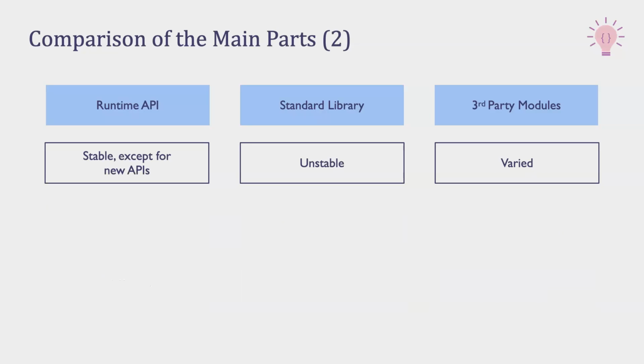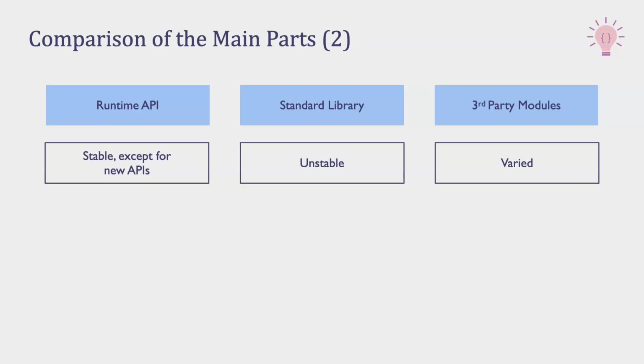Next, runtime API is stable except for new APIs. Stable here means that there will be no breaking changes. If you update your Deno installation, then the code that you wrote for the previous version of Deno will still work. However, some new APIs might not be stable yet. As for the standard library, it is unstable.